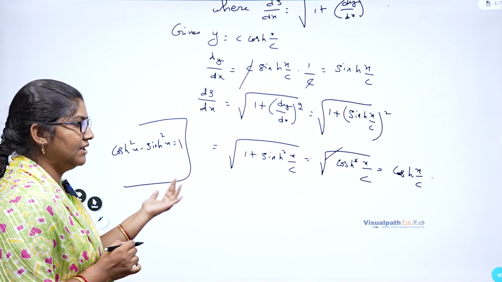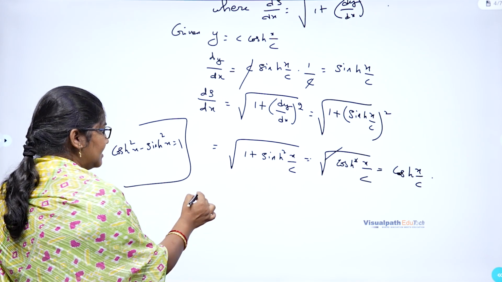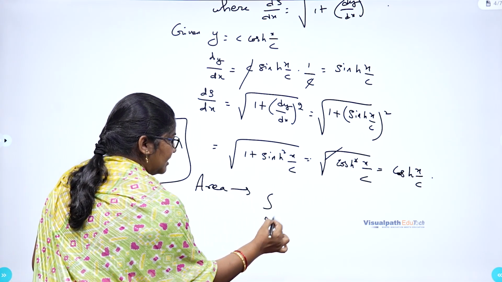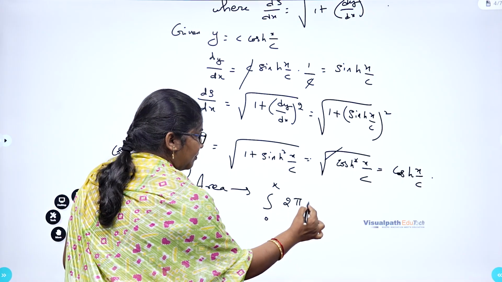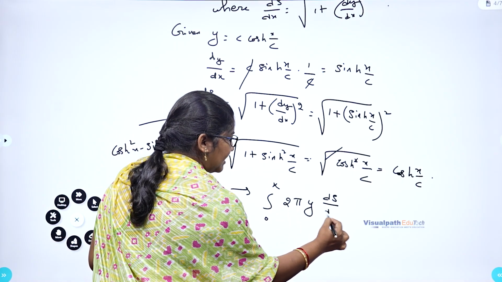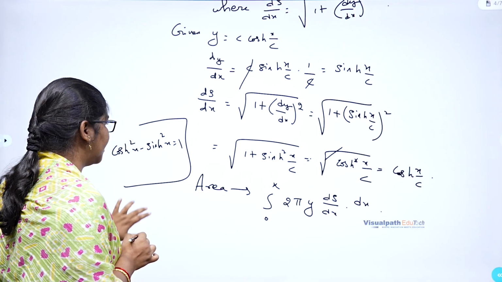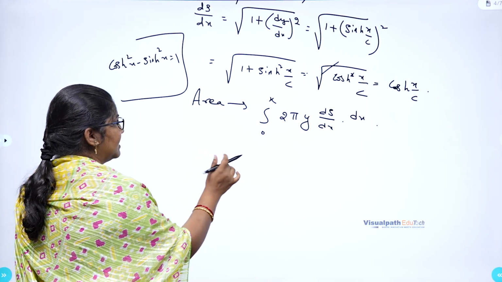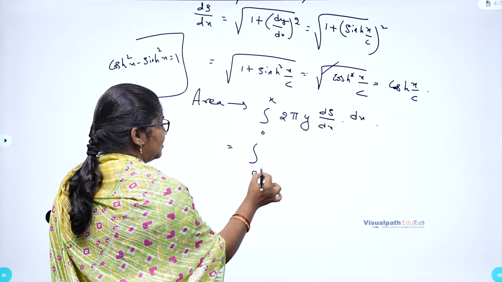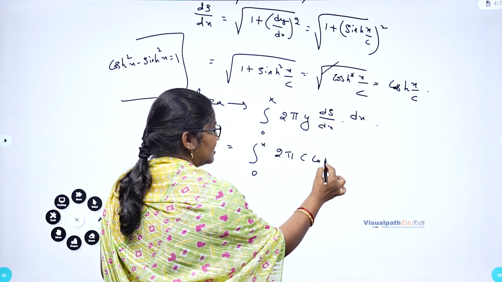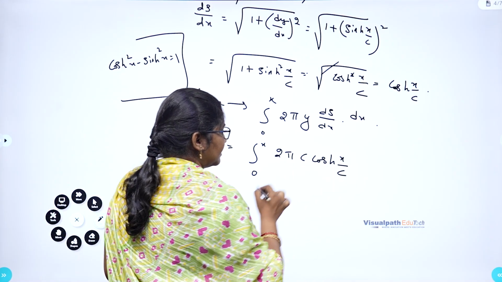Now we got ds by dx, directly substituting in our area formula: integral 0 to x, 2 pi y ds by dx into dx. Y is given as c cosh(x/c).